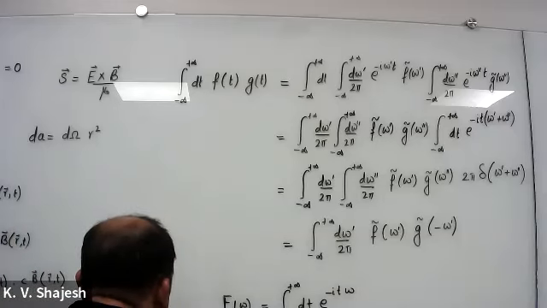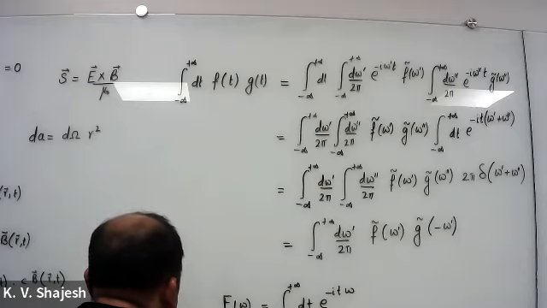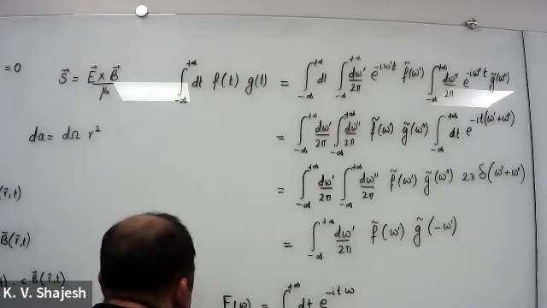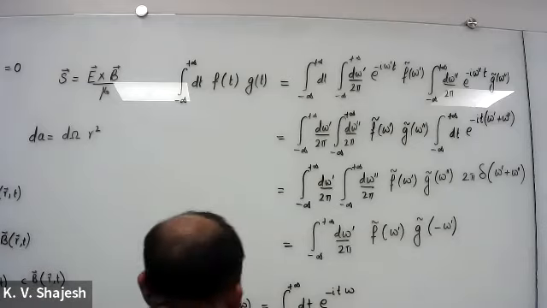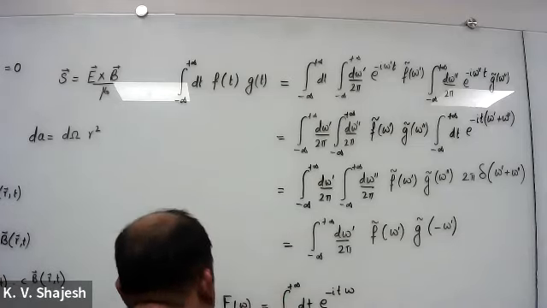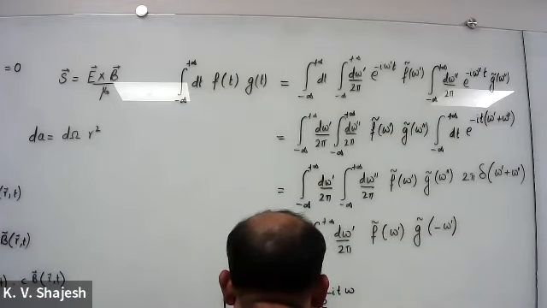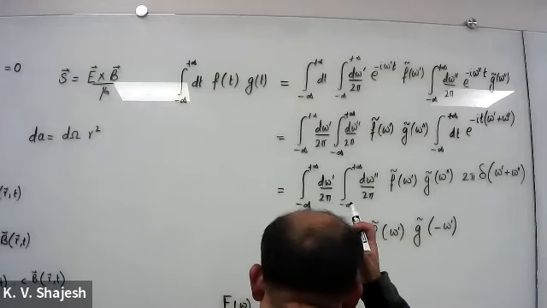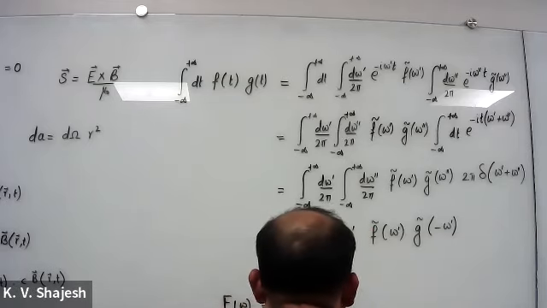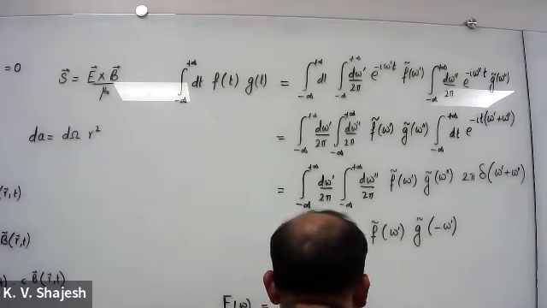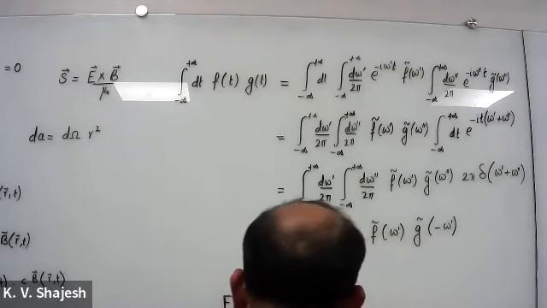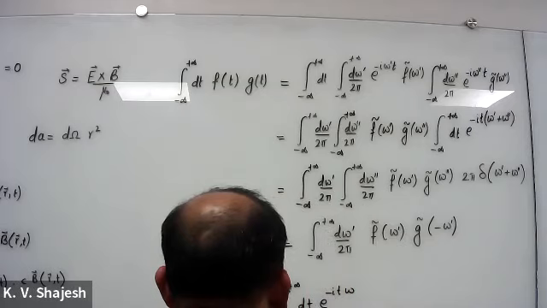If it is really a delta function, I should be able to integrate d omega of f of omega from minus infinity to plus infinity and get 1, right? So let's see how this comes.